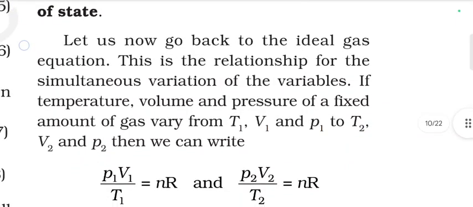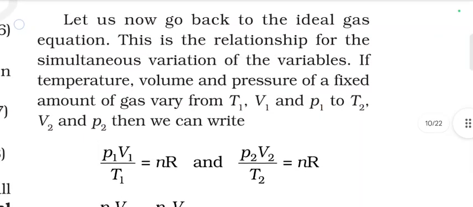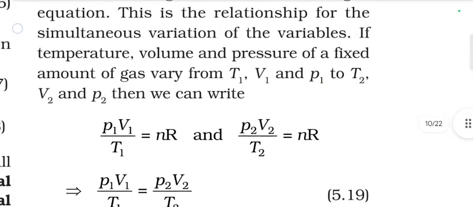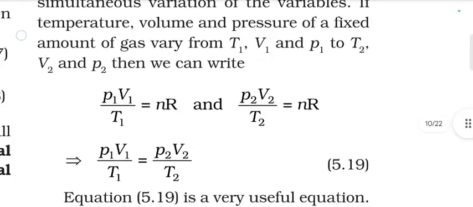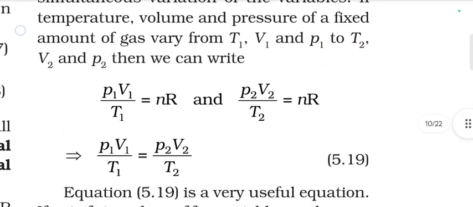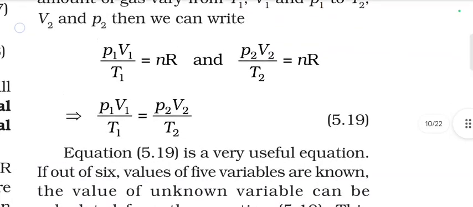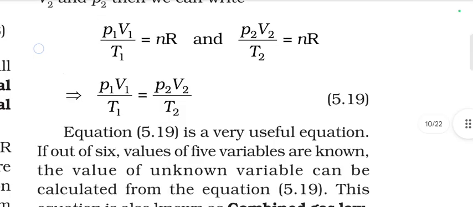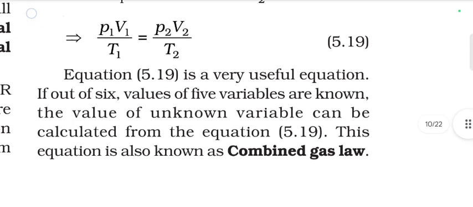Let us now go back to the ideal gas equation. This is the relationship for the simultaneous variation of the variables. If temperature, volume and pressure of a fixed amount of gas vary from T1, V1 and P1 to T2, V2 and P2, then we can write P1V1/T1 = nR and P2V2/T2 = nR. This gives P1V1/T1 = P2V2/T2.